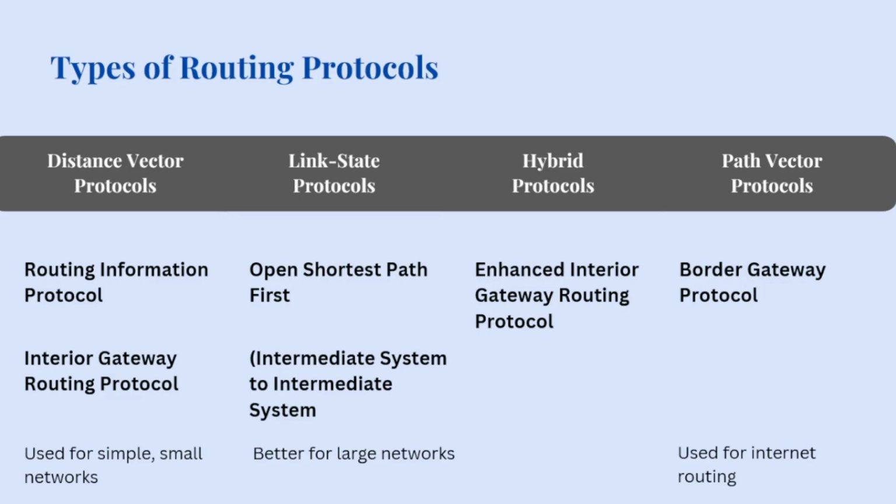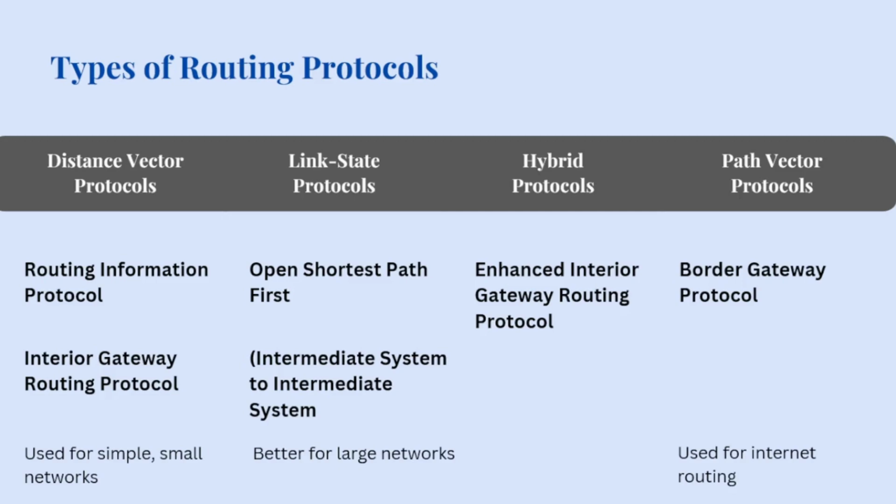The disadvantage of distance vector protocols is that they have slow convergence, which means that it takes a long time to adapt to the network changes. The examples of distance vector protocols are Routing Information Protocol and Interior Gateway Routing Protocol.